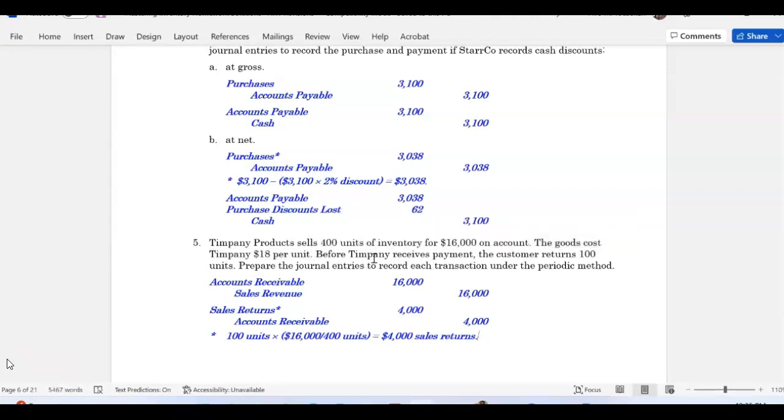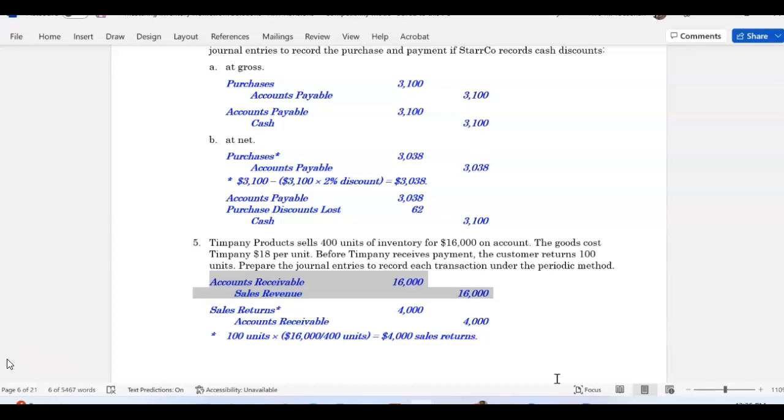Okay? Before Tiffany receives payment, the customer returns 100 units. Prepare the journal entries to record each transaction. So we record the sales, which is good, for $16,000. But before the payment is received, the customer returns some of it, 100 units.